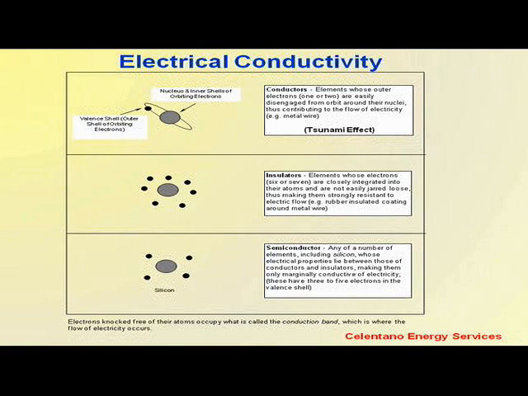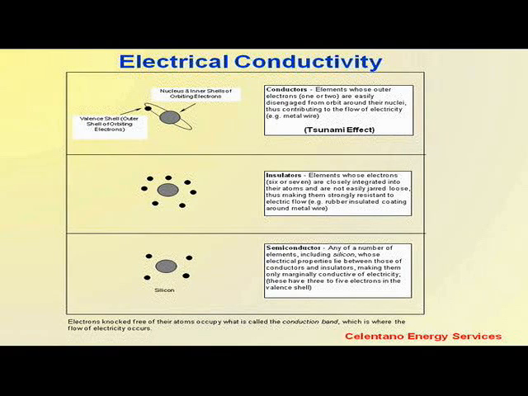The best insulators are those whose outer orbit, their valence shell, is almost full. So if they have 7 out of the 8 positions full, they are going to be insulators. And so for the materials that we use as insulation, like a rubber coating insulating a wire, for instance, you're going to find atoms whose outer valence orbit is almost full.